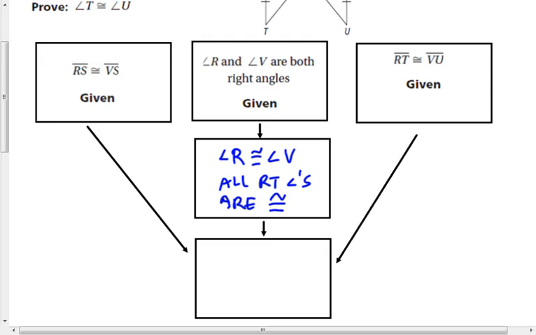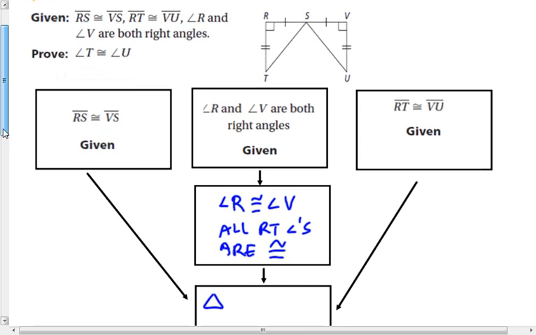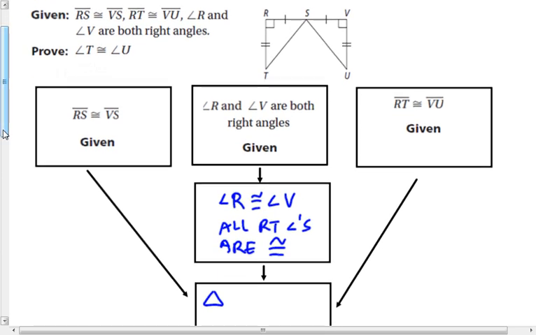And we get triangle RST is congruent to triangle VSU, and that's by the side, angle, side postulate.